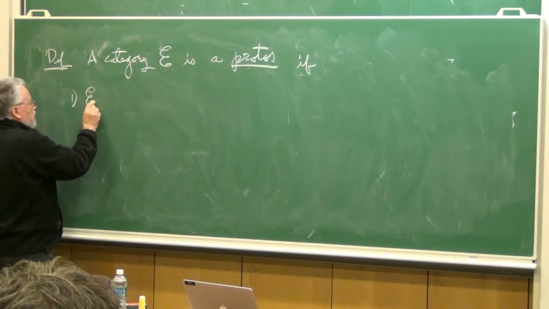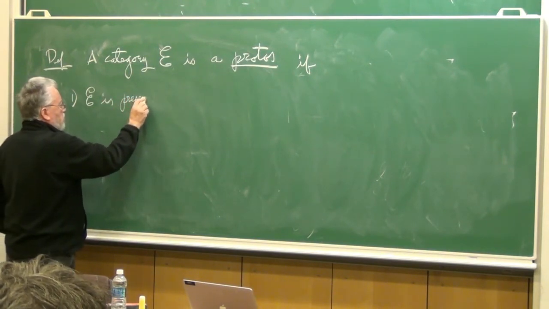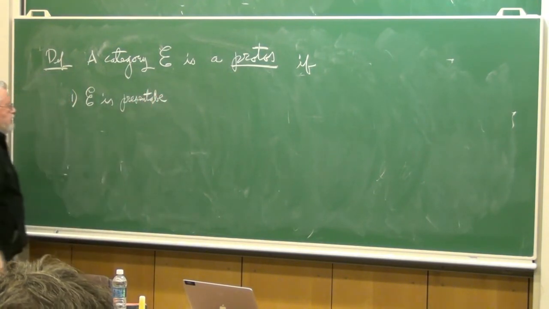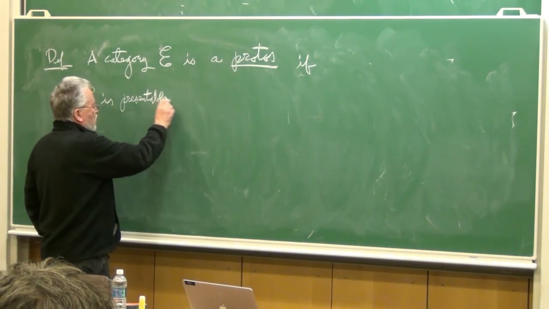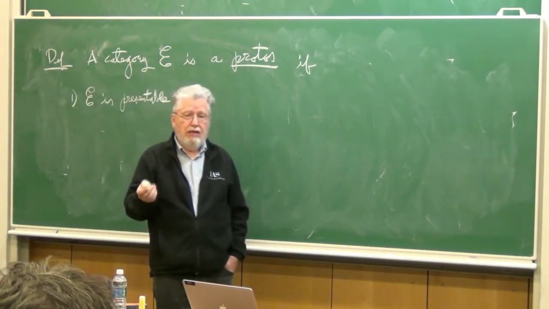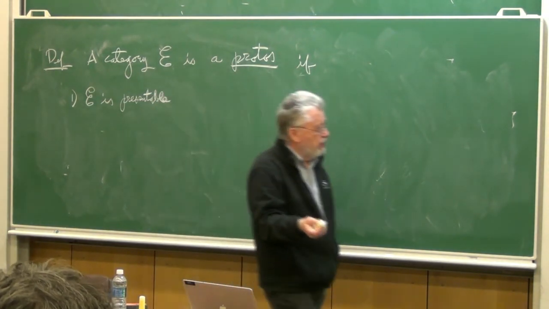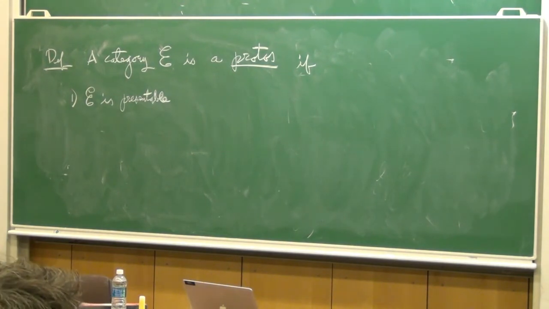One, E is presentable. So it means that there are plenty of colimits. I should say that a presentable category has also limits. It's like a sup lattice, as in frames. Well, for a presentable category, you can show that it has limits also.